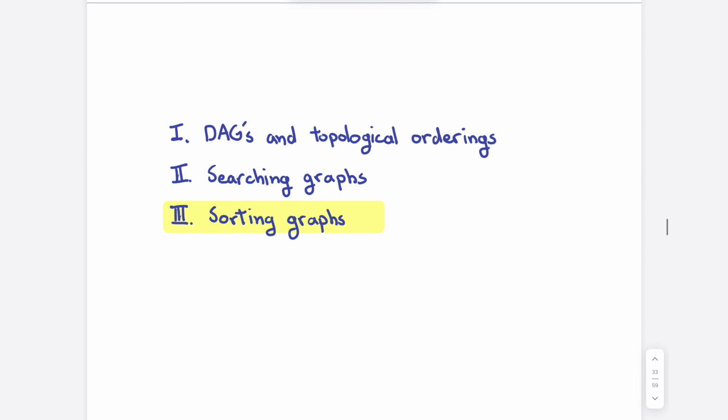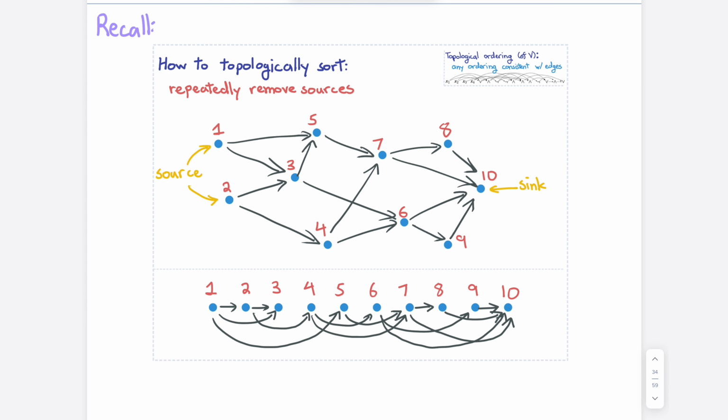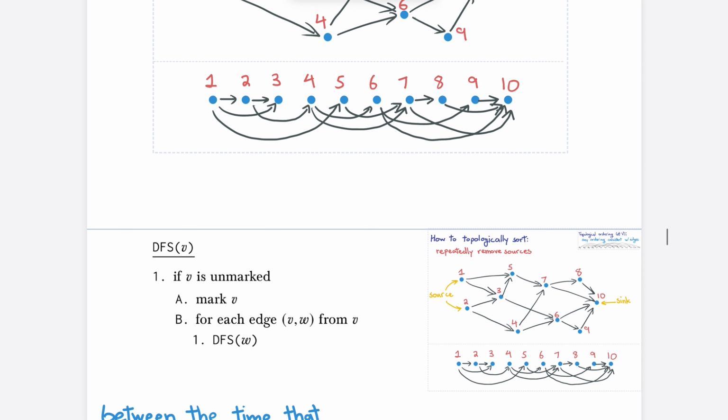All right, so this brings us to part 3. At the beginning, we did topologically sorting DAGs, and I think we did the most natural thing, which was to remove source, remove source, remove source.